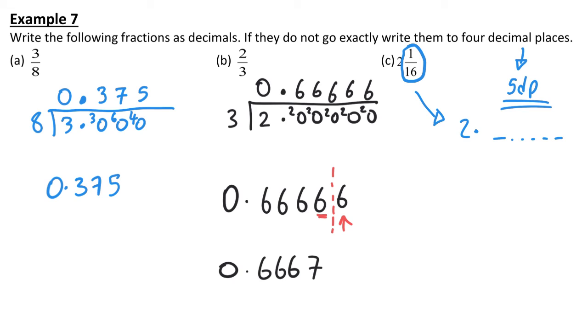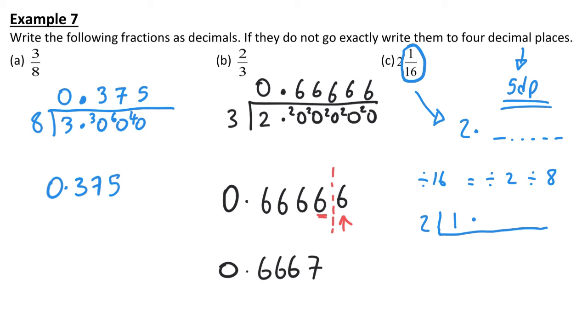Now to divide by 16, that's the same as dividing by 2 and then dividing by 8, or you could divide by 4 and then by 4 again, or you could do any combination. So what I'm going to do is divide 1 by 2 first of all, and then by 8. Now I'm going to set it as a reverse bus shelter, so I'm going to keep all the working out underneath. So I'm going to do 1 divided by 2 first of all.